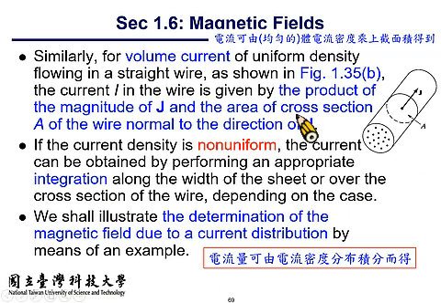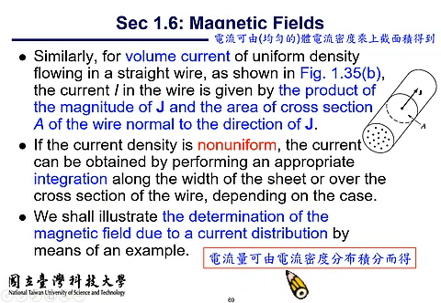And the volume current of uniform density flowing in a straight wire, as shown here, the total current can be found by taking the product of J and the cross-section area A. So I equals J times A. If the current is non-uniform, then the total current I should be found in terms of integration.